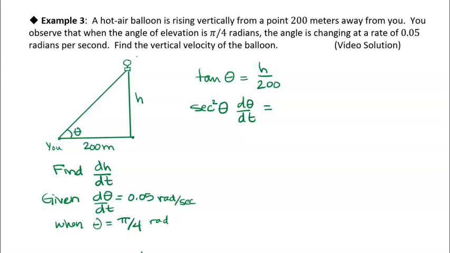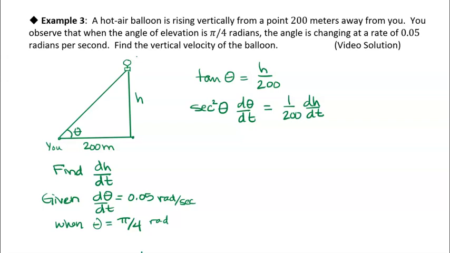Over on the other side, I have h over 200, which is the same as 1 over 200 times h. When I take the derivative of the right-hand side, I'm just left with 1 over 200. But again, I have to remember that h is a function of time, and I have to use the chain rule. So I'm going to get 1 over 200 times dh/dt. That's what we're looking to find.